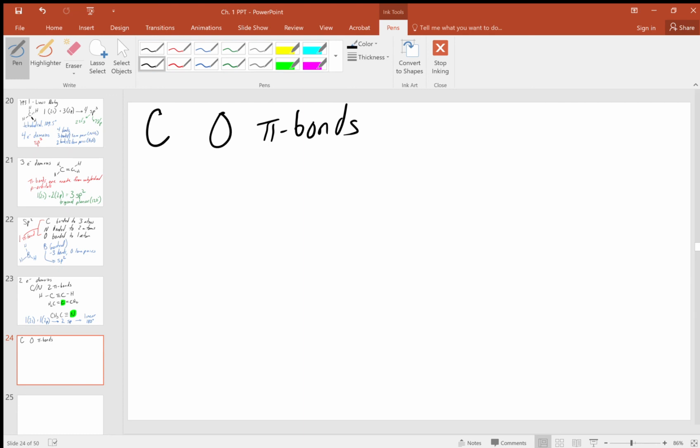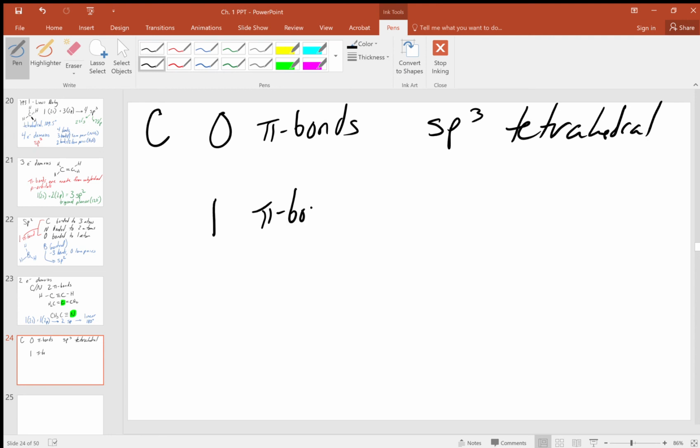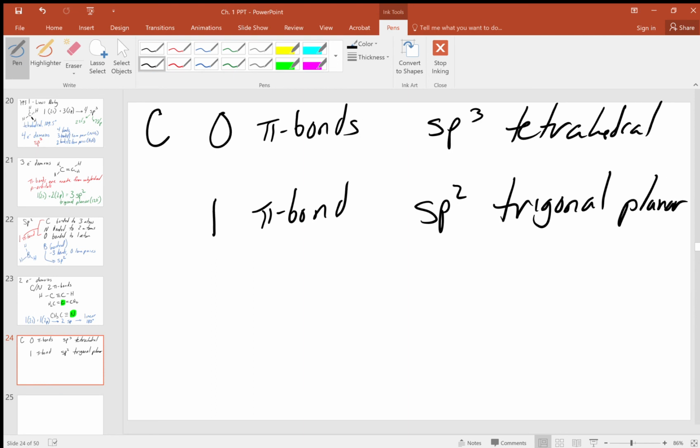So if we have 0 pi bonds for carbon, then it's sp3 and tetrahedral. If the carbon has 1 pi bond, it's sp2 or trigonal planar. And if it has 2 pi bonds, then it's sp and linear.